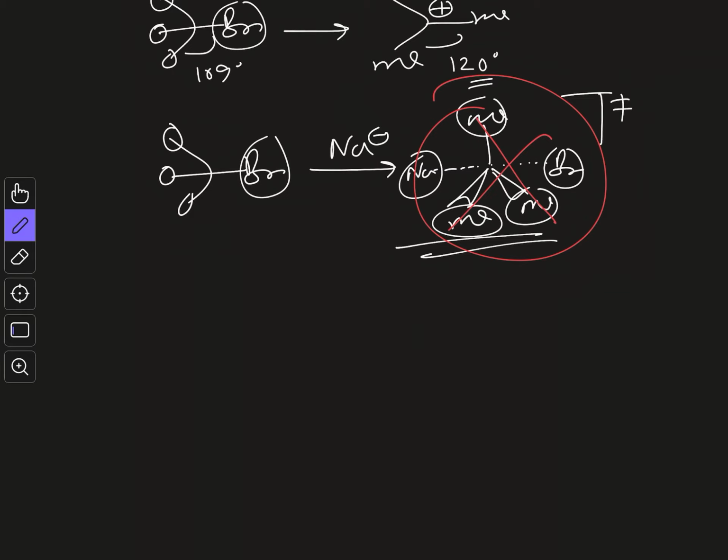Let's say now the thing is, in this case both steric and electronic effects play a role in determining the rate of the reaction. But if we want to just look into the effect of steric hindrance, then we have to take these substrates.